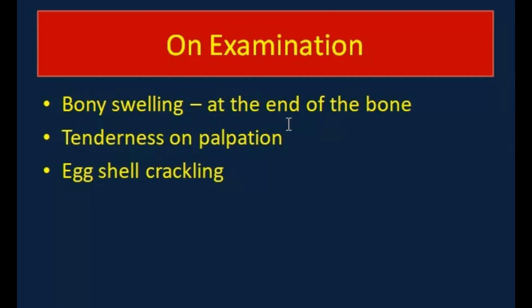So, whatever this bone is, whether it's the femur or the tibia or the radius, it's always at the end of the bone. Okay, so it presents as a bony swelling at the end of the bone, and if we palpate it, there will be tenderness, which means the patient will complain of pain when we palpate. And then there's also a characteristic examination feature called eggshell crackling, which is seen in giant cell tumor. So there will be a swelling, tenderness on palpation, and eggshell crackling, which is a characteristic sign.